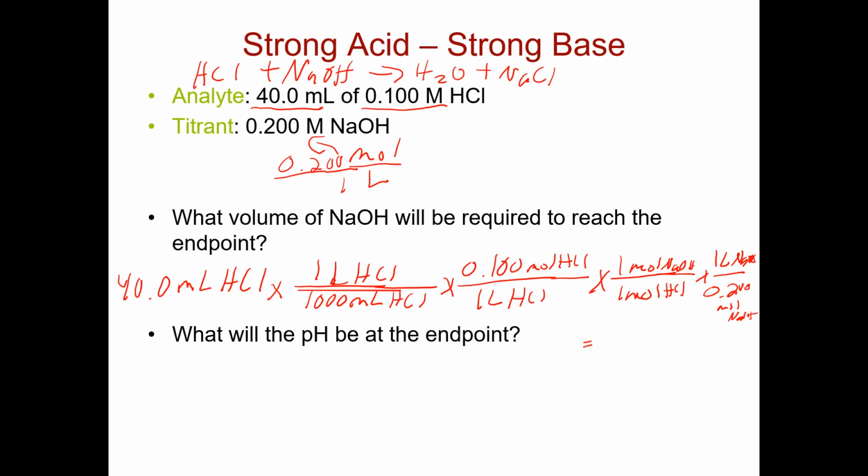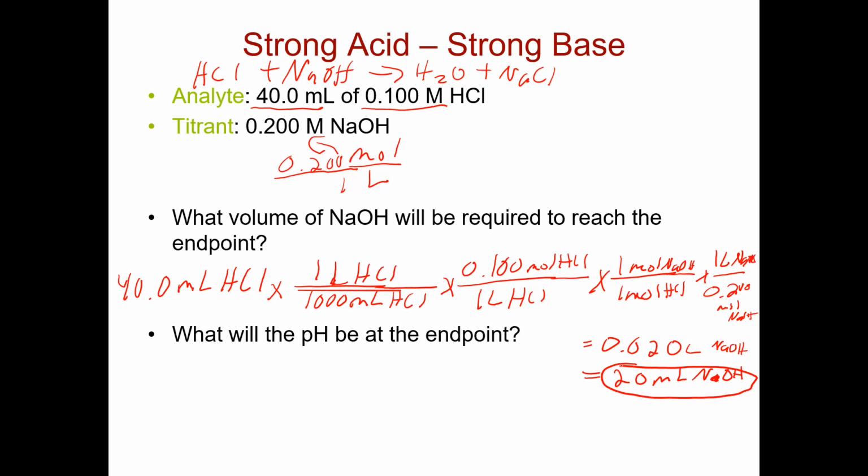If you put that into your calculator, 40 times 0.1 divided by 1,000 times 0.2, we get 0.020 liters of sodium hydroxide. Or if we convert that to milliliters, we get 20 milliliters of sodium hydroxide.